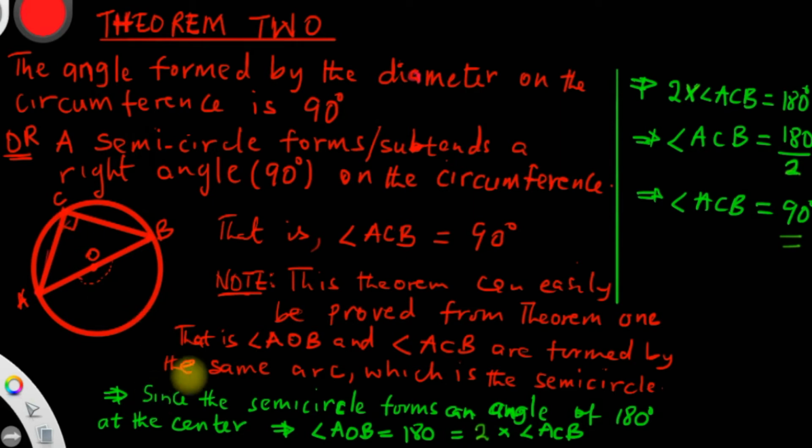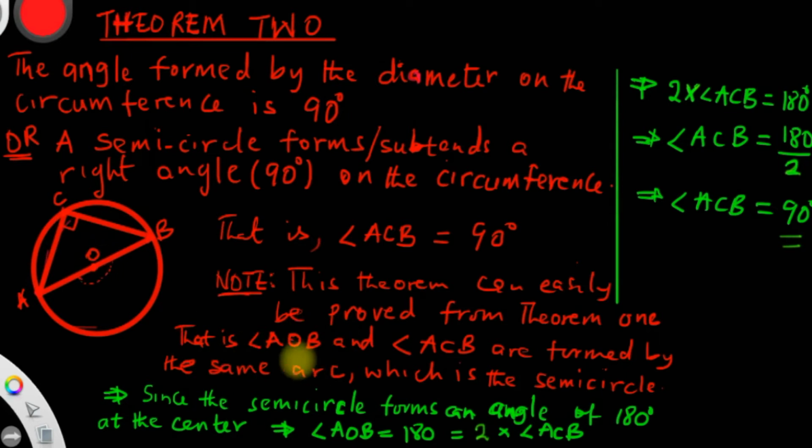So since this arc, which is the semicircle, is forming an angle of 180 degrees at the center, the angle formed by this same arc on the circumference will be half the angle formed at the center.